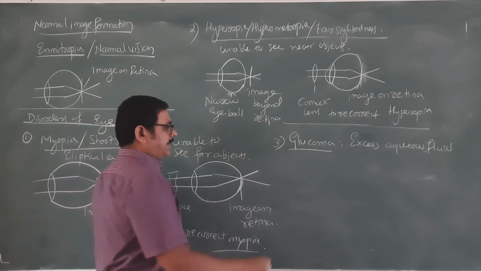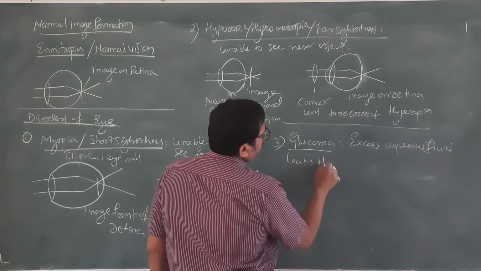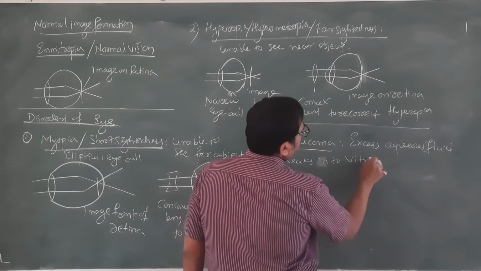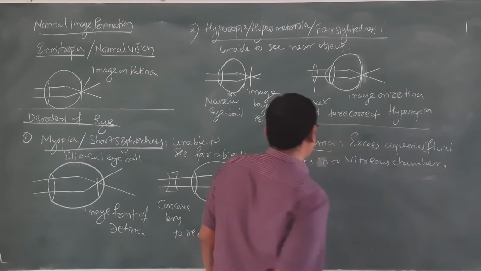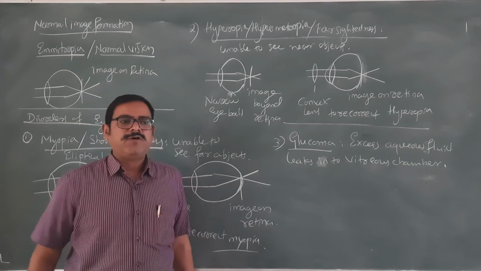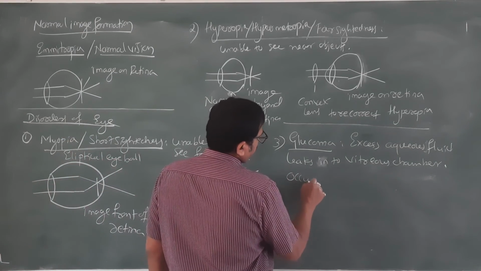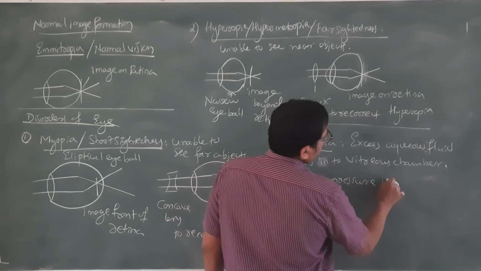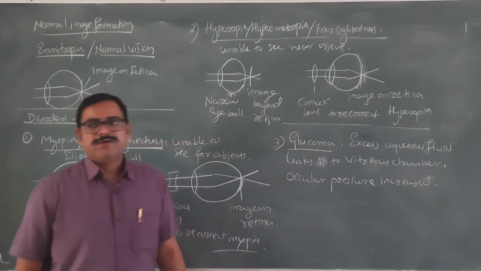That is in excess, and the excess aqueous fluid leaks into the vitreous chamber, and this causes glaucoma. As a result, the ocular pressure in the eyeball increases, and the condition is called glaucoma.